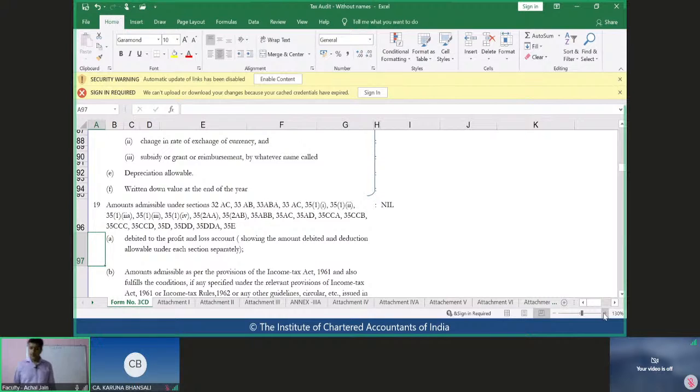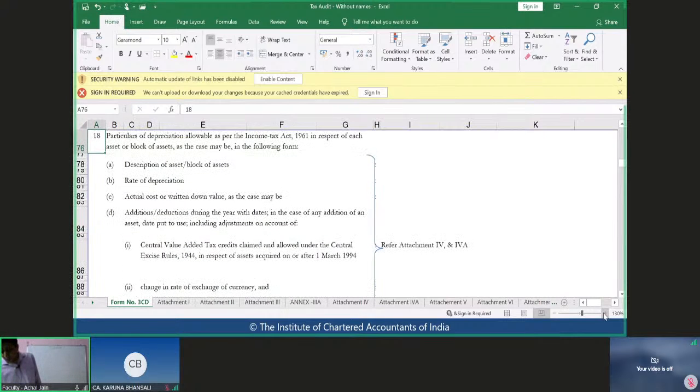Okay, yeah. So all of these things are required to be reported as per clause number 18.